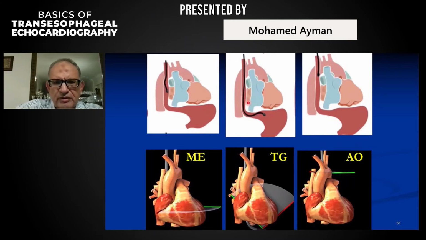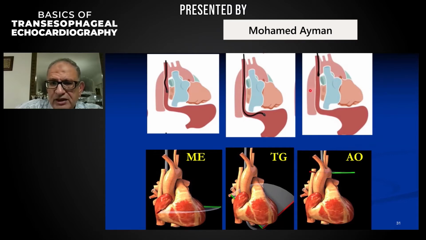If you go deeper and put the tip of the probe in the stomach, we call it transgastric, so you are viewing the heart from below, and the ultrasound beam comes like this. And if your probe is in the upper esophagus here, you can get the aortic view. In the upper esophageal, you are going to see the aortic arch.